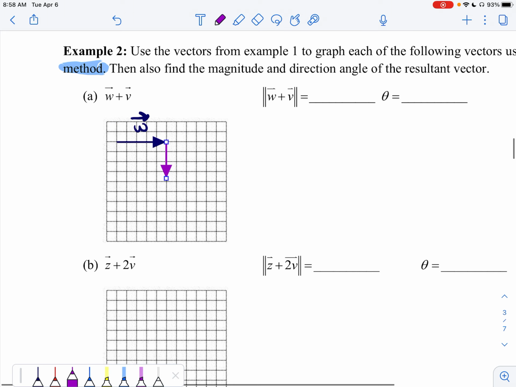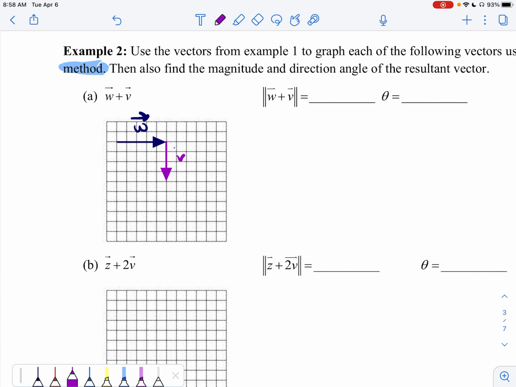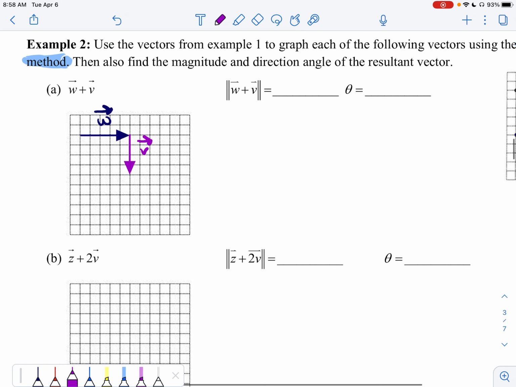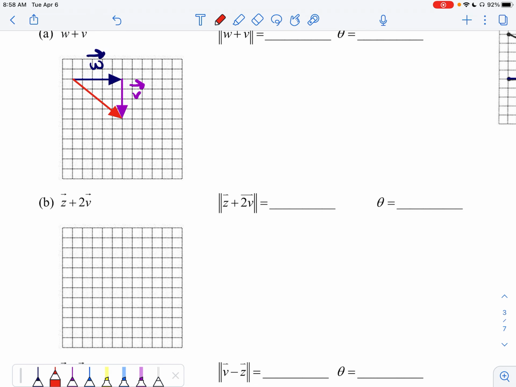So make sure that this is going 4 units down. Okay, so that's my V here. Then the resultant vector starts at the tail of W and goes to the tip of V. So that right there is our resultant vector, W plus V.